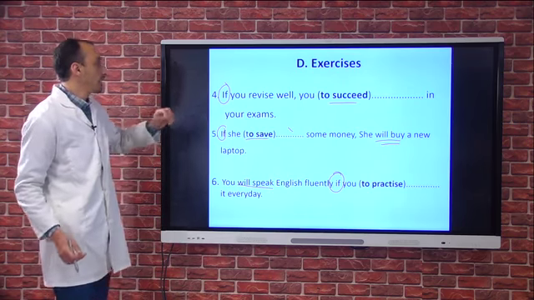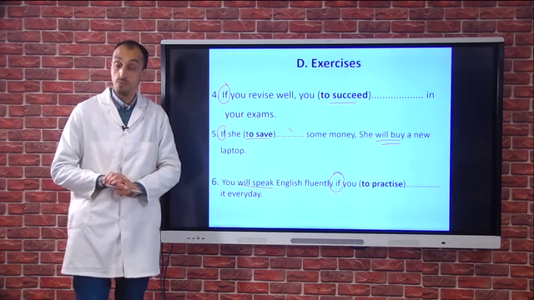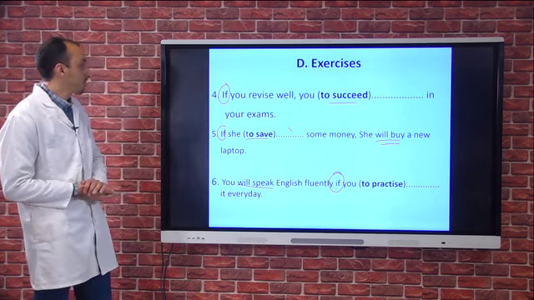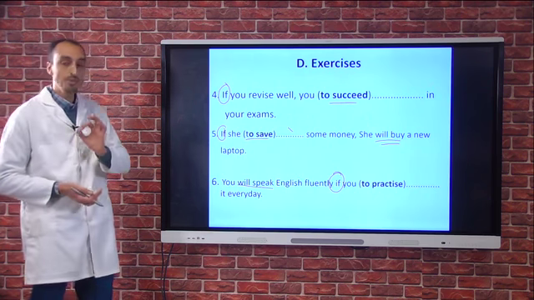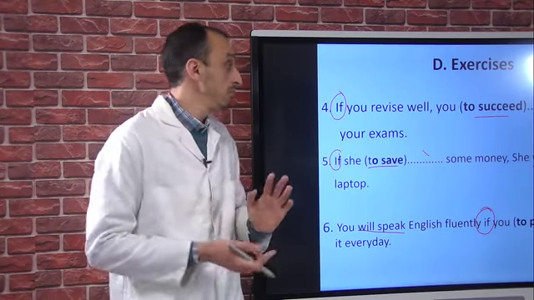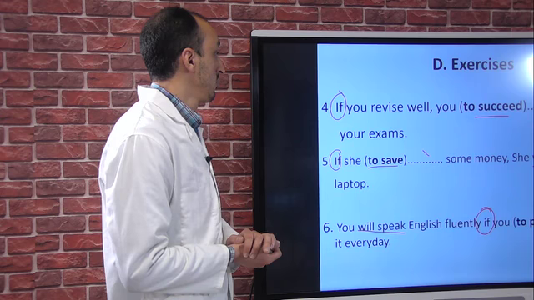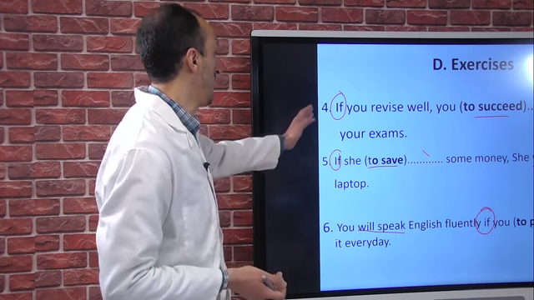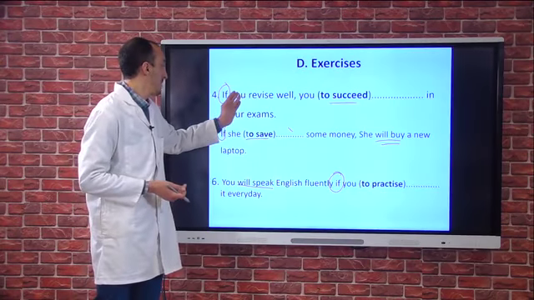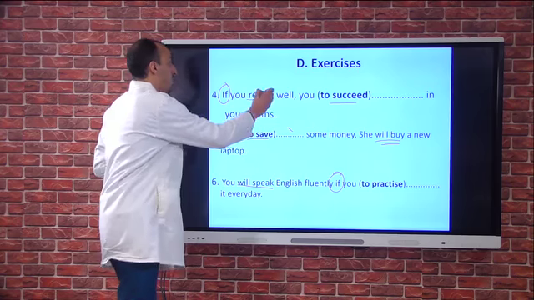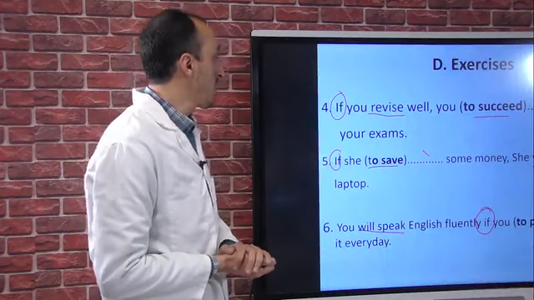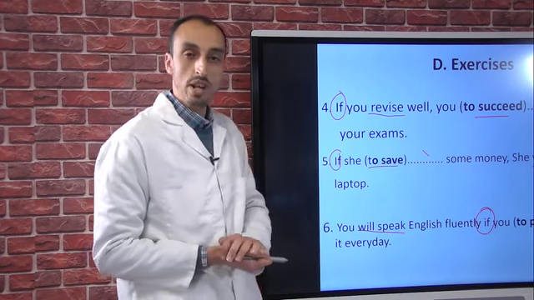Okay, so let's do exercise number 4 together. If you revise well, you to succeed. So here we have if clause. We have already the verb. It is in present simple. So what's your answer?